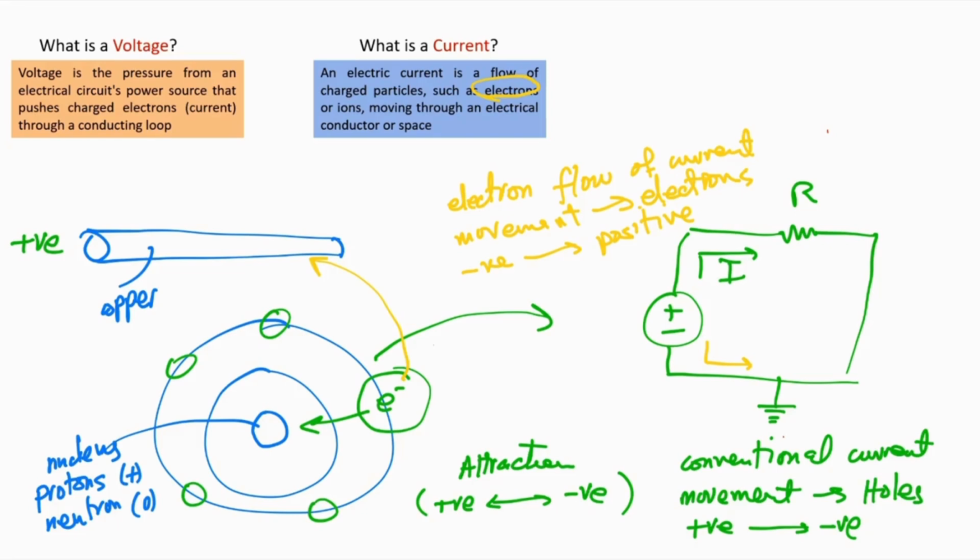So we all know that the voltage, which is the power source, pushes the electrical charge or the charged electrons through a conducting loop. In order to complete the loop, it must be connected to a positive and a negative to allow the current to flow through the electrical circuit.